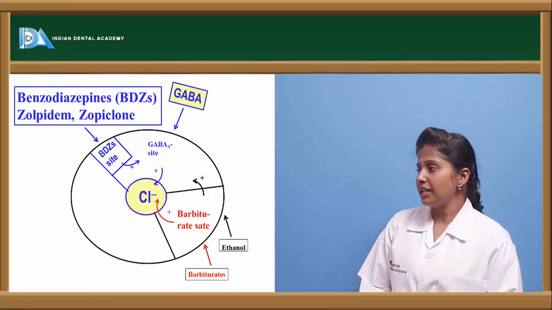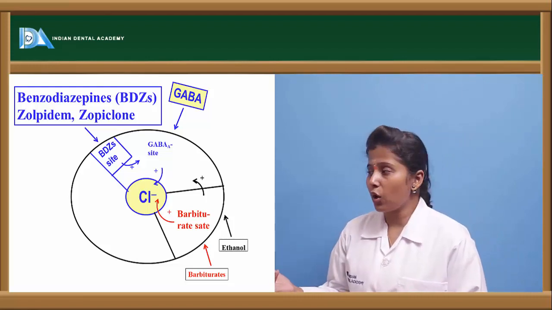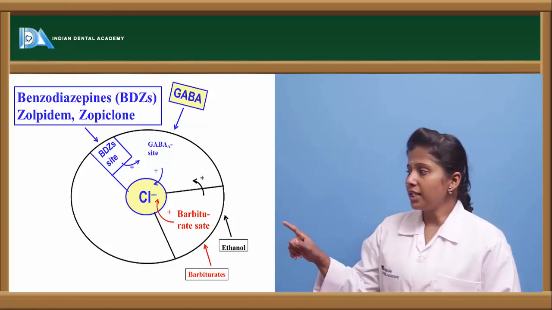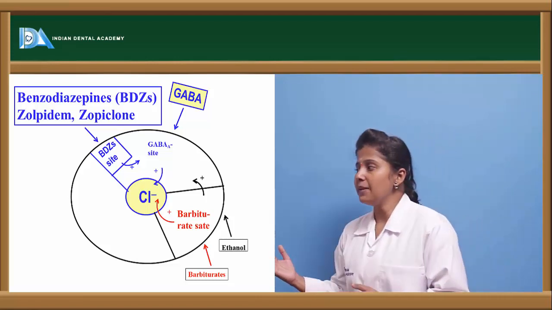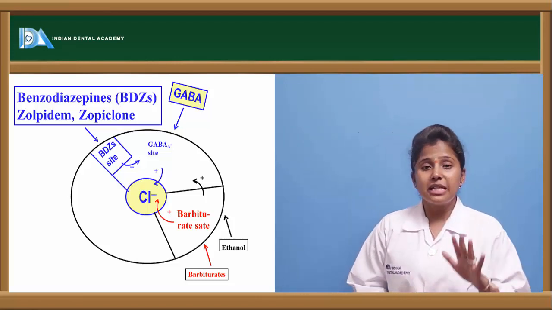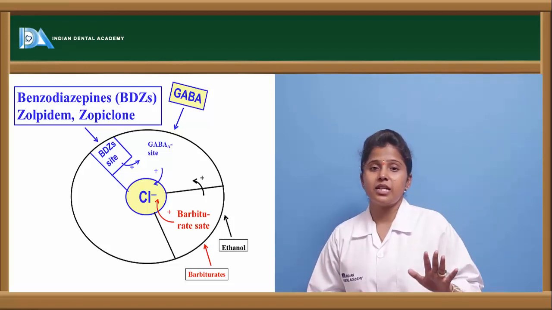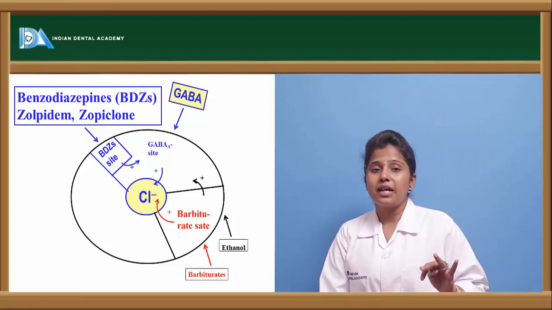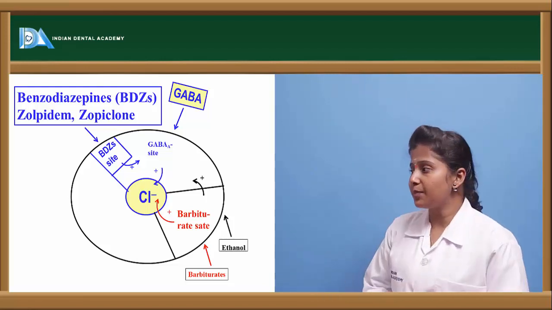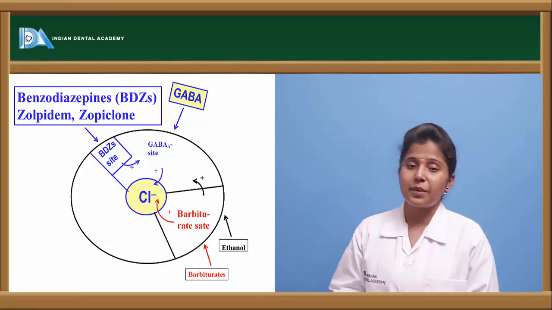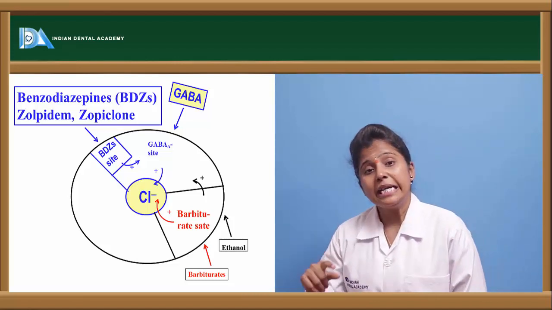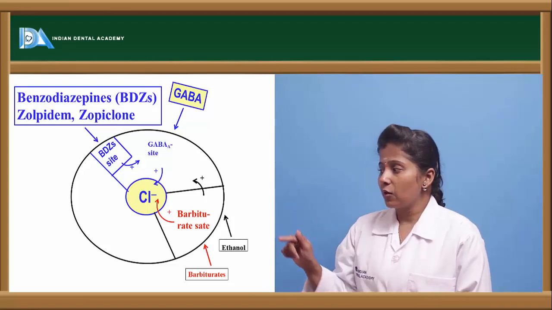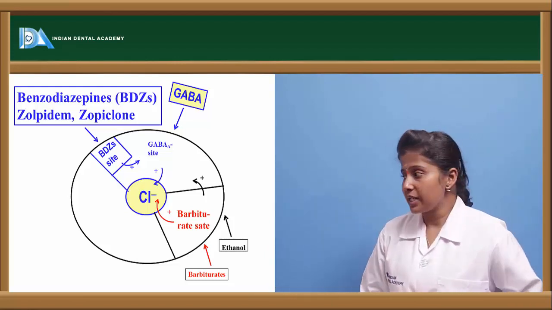Here we can see the benzodiazepines, as well as zolpidem and zopiclone. What do they do? They bind at the benzodiazepine site. So these GABA receptors have different sites: one is the benzodiazepine site, the barbiturate site, as well as various other sites. So these benzodiazepines go and bind to the benzodiazepine site, and thereby chloride entry takes place inside the GABA receptor.